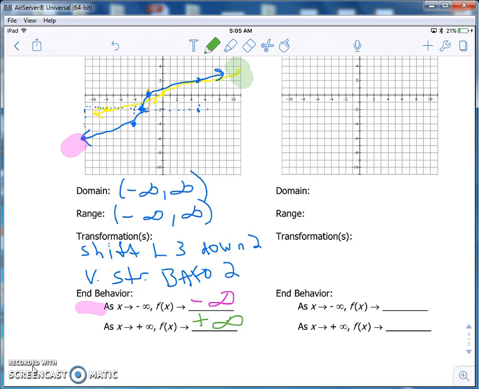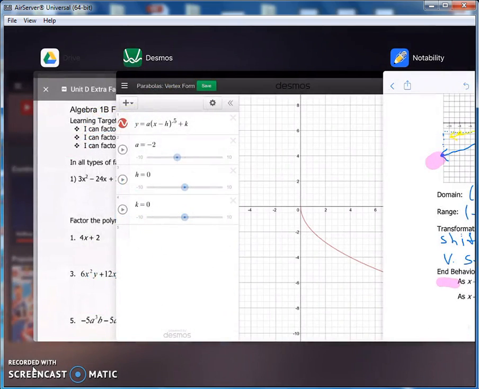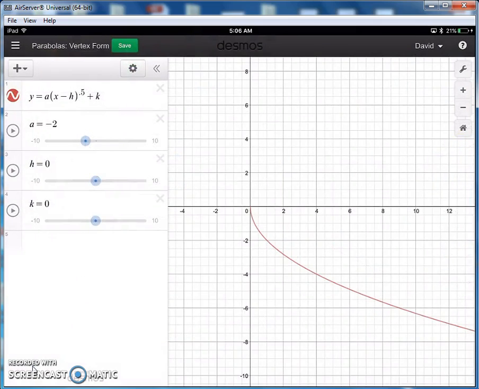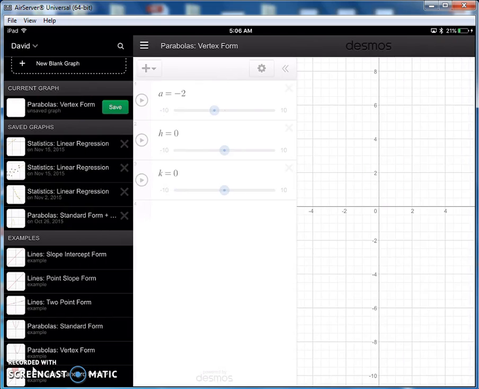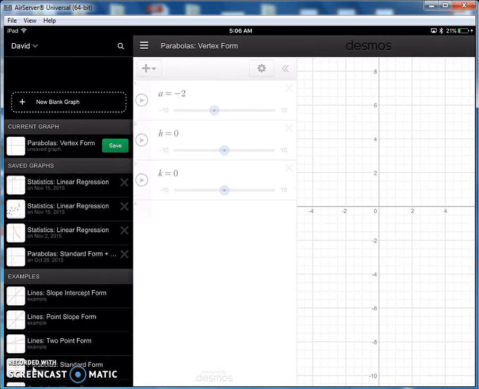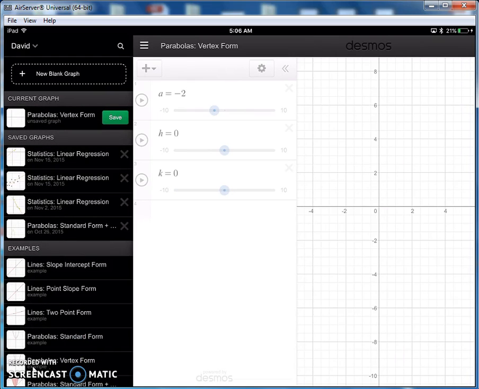Let me hold off on this one and show you real quick. If you want to check your graphs, you can look at Desmos. If you haven't downloaded Desmos, I would do that now. I'm going to hit my 3 dots and go to New Graph.